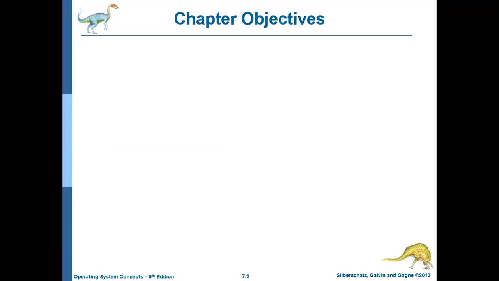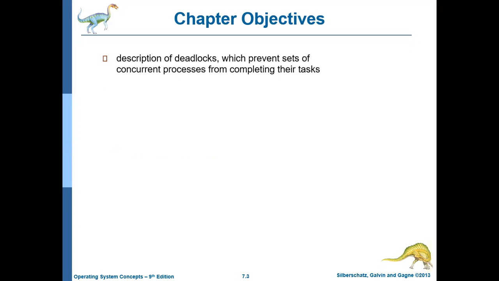The objective of the topic is, first, to provide a description of deadlock. Basically, deadlock prevents the processes from completing their task permanently, until you reboot the system. So what is deadlock?